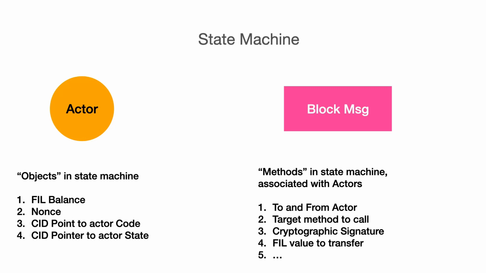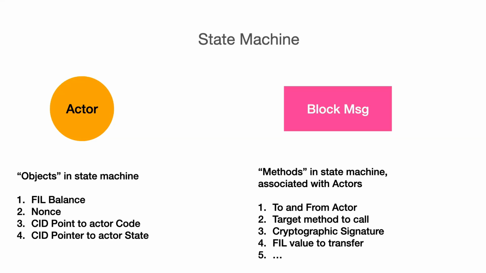There's a CID pointer to actor code, so the code that's actually executing, because the actor is a program. And then there's also a CID pointer to actor state. Actor state is defined by the actor itself. So you can write whatever you want in there as an actor, and you get control over what bytes you write. And at the end of the day, everything is compressed into the CID pointer.